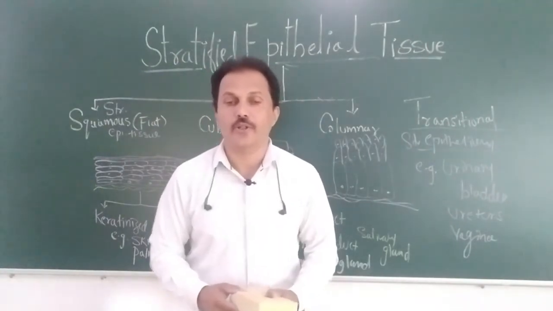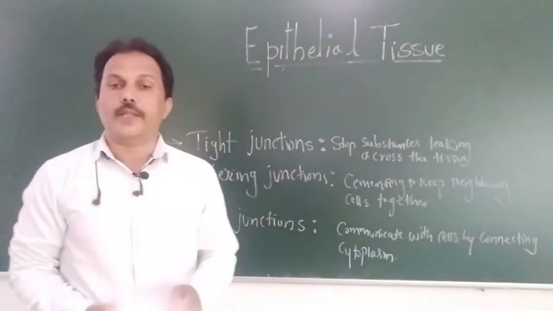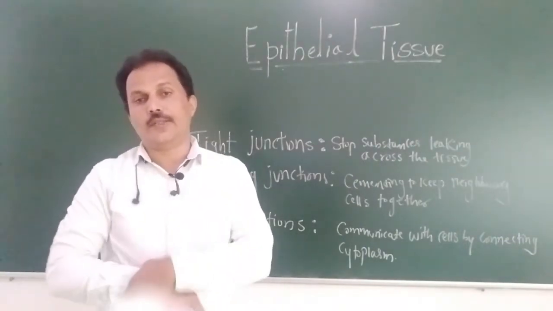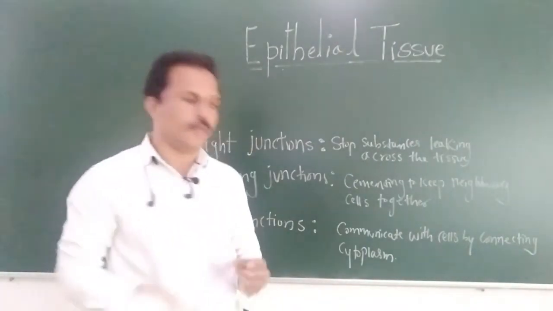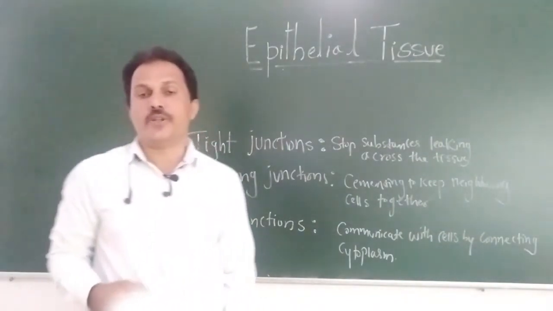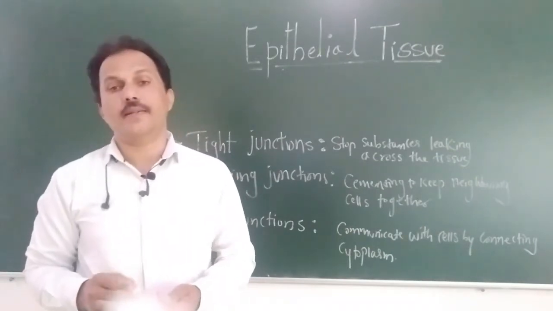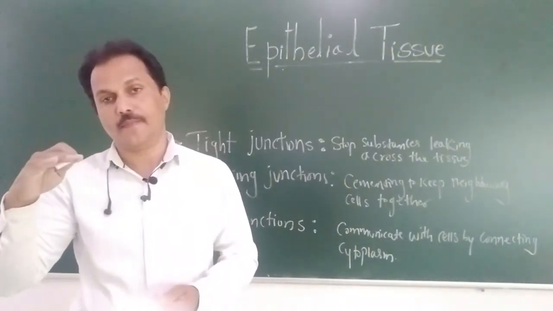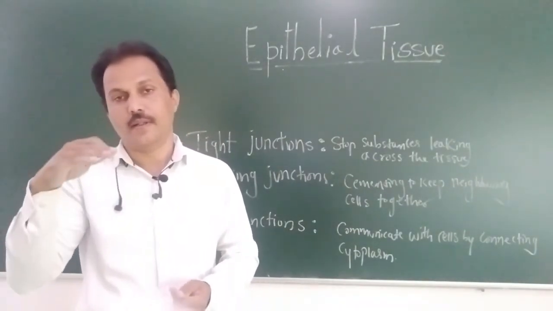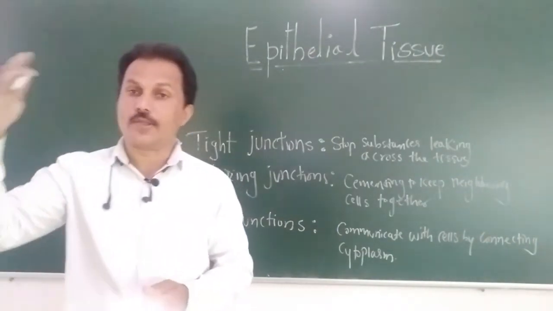I hope that you have understood the entire thing. When you talk about the epithelial tissue, this is a small part given in the NCERT book regarding the junctions of two cells. Simple epithelial tissue has one layer of cells held together. Stratified epithelial tissue has more than one layer of cells.